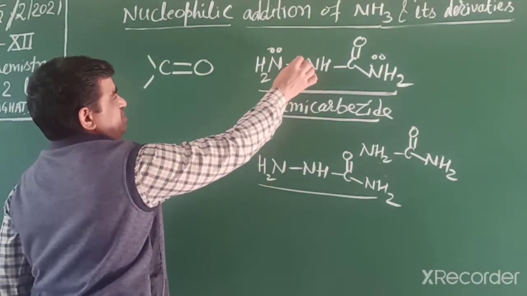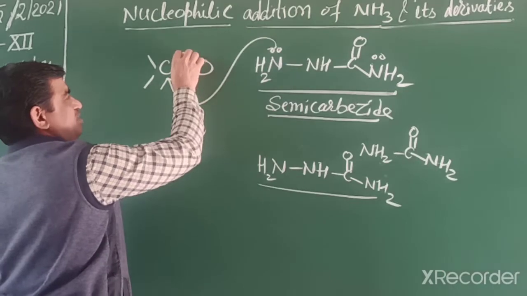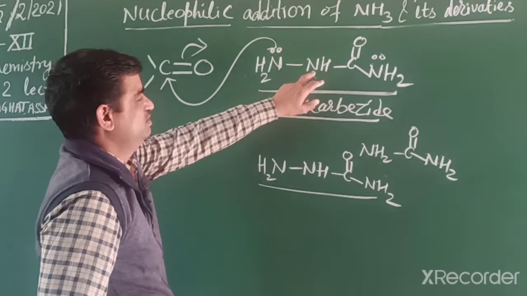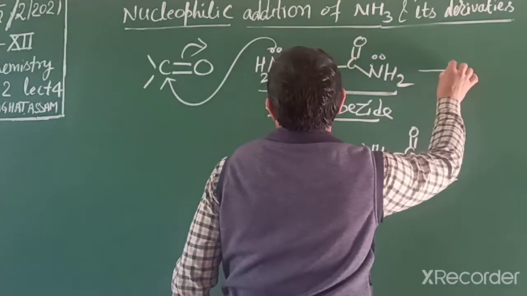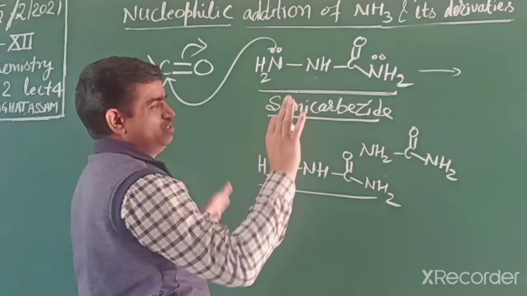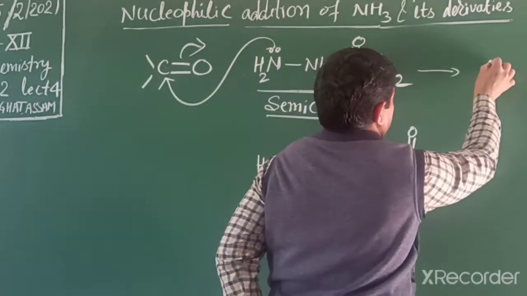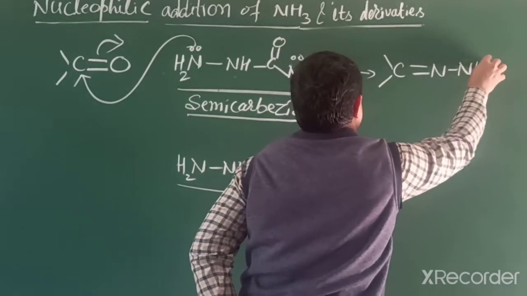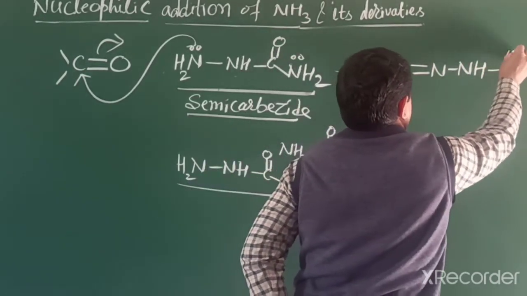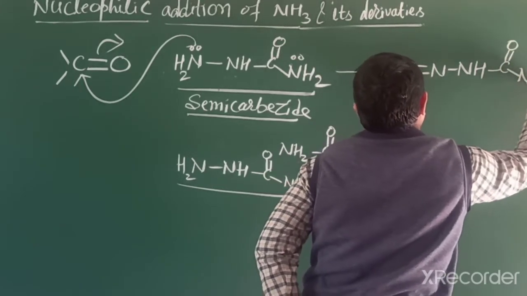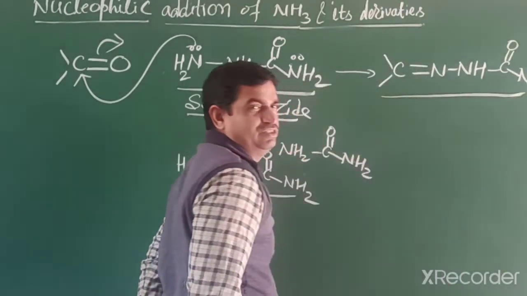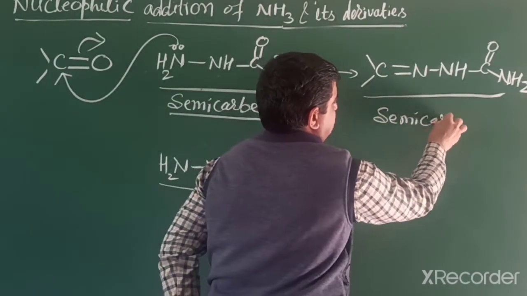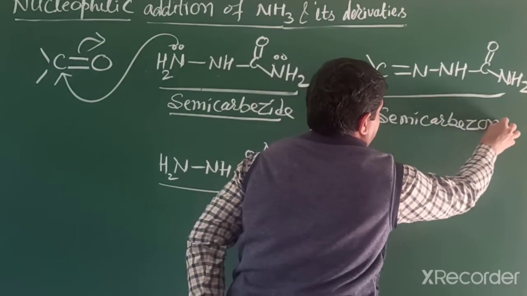This side NH2 can attack the carbonyl group, and H2O is removed. The product name is semicarbazone.